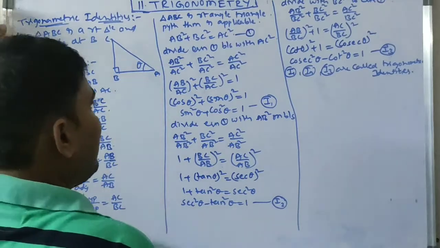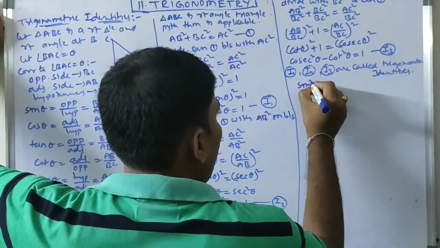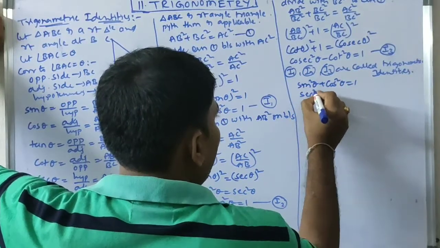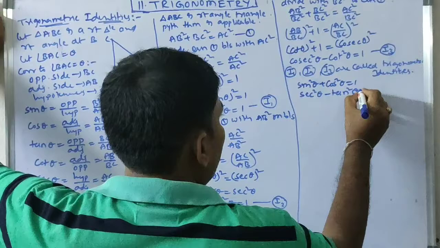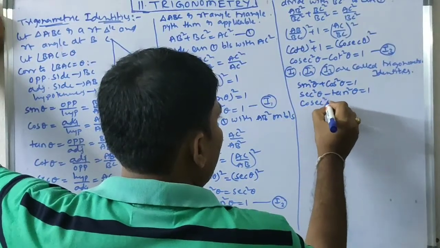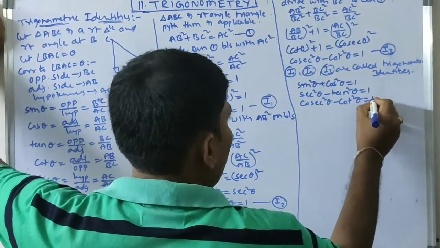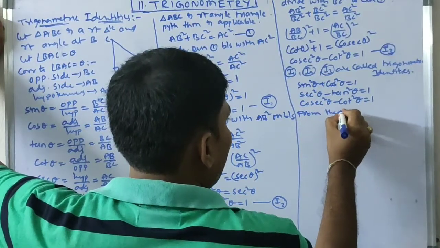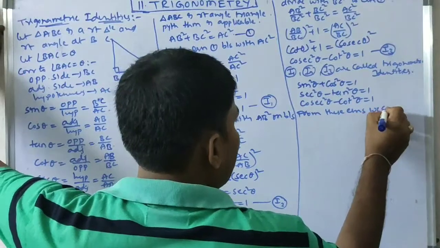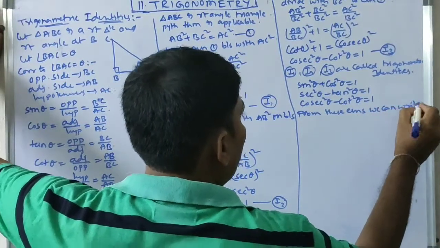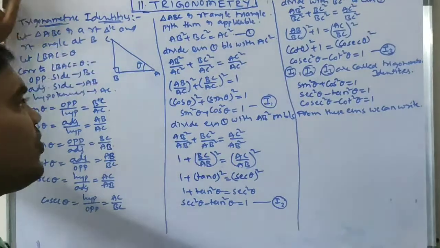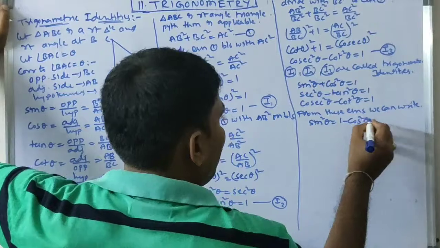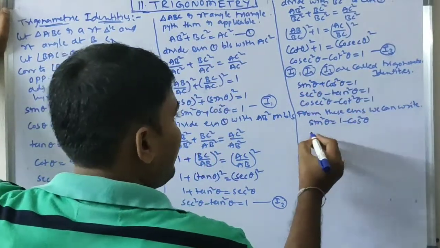Once I want to write the identities: sin square theta plus cos square theta equal to 1, sec square theta minus tan square theta equal to 1, cosec square theta minus cot square theta equal to 1. From these equations we can write sin square theta equal to 1 minus cos square theta.